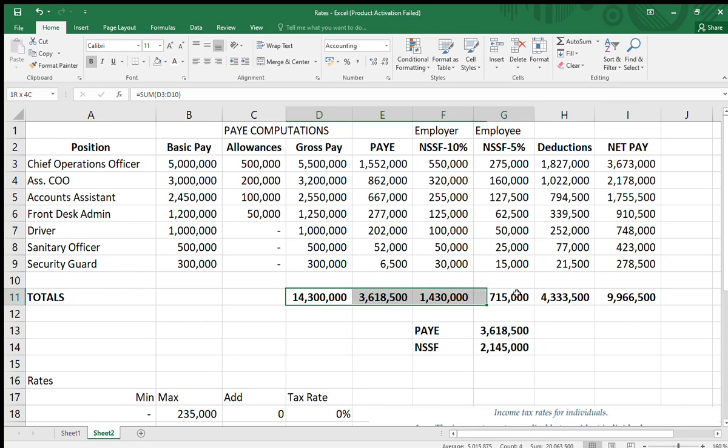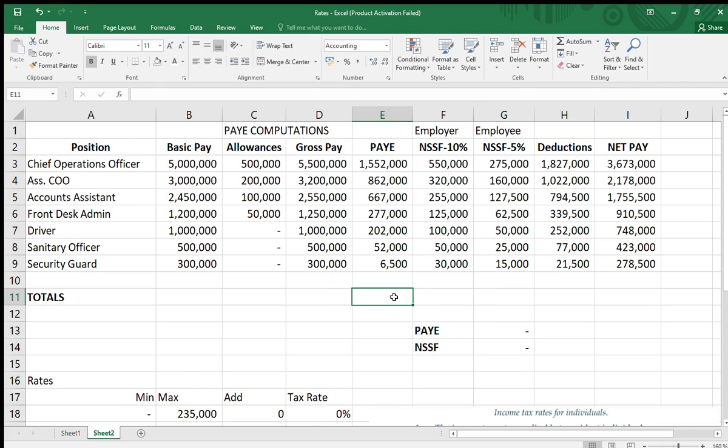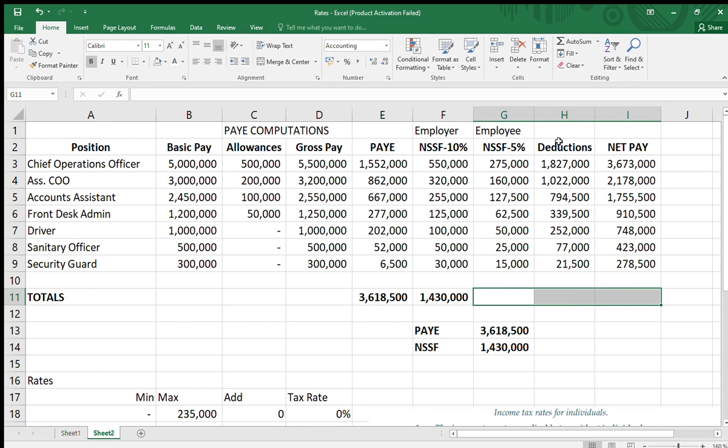You can also sum one by one, summing what you want to get the total. For pay as you earn, you come there and say sum up. NSSF, you come there, say sum up. If you want for all, you select and say sum. You highlight all here and say auto sum.